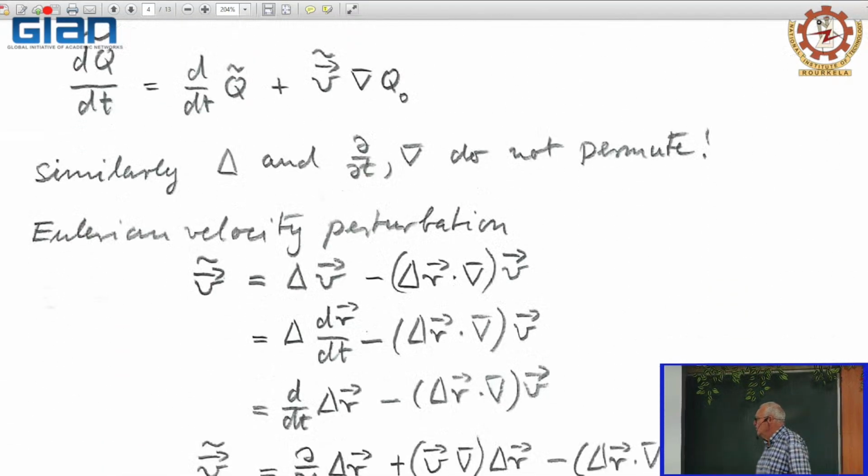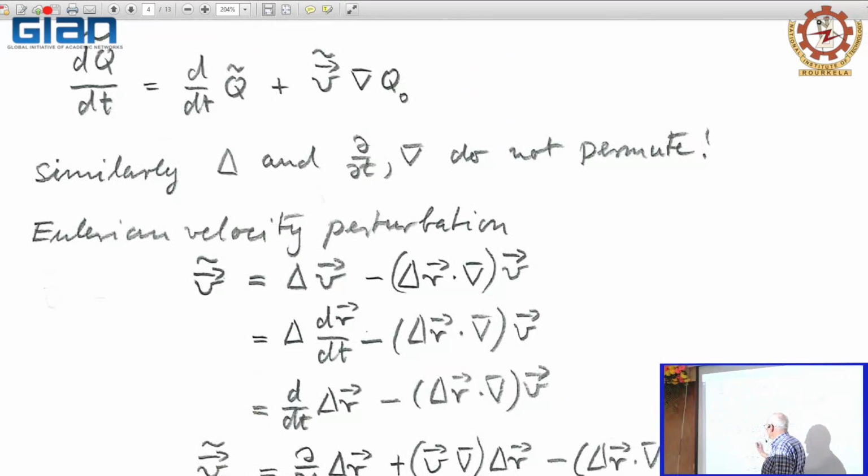So from the general relation between Lagrangian and Eulerian perturbation, we get that the Eulerian velocity perturbation is equal to the Lagrangian velocity perturbation minus the Lagrangian displacement vector times nabla acting on the background velocity field v.